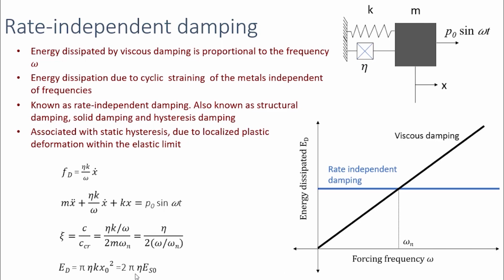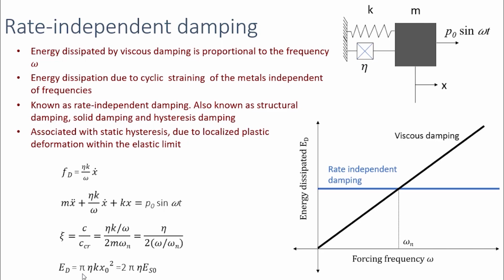The energy dissipated due to this rate independent damping can be calculated by replacing the value of zeta in the expression for ED in the case of viscous damping. We have derived the expression of energy dissipated during viscous damping, so in that expression, we just need to replace the value of zeta by this.